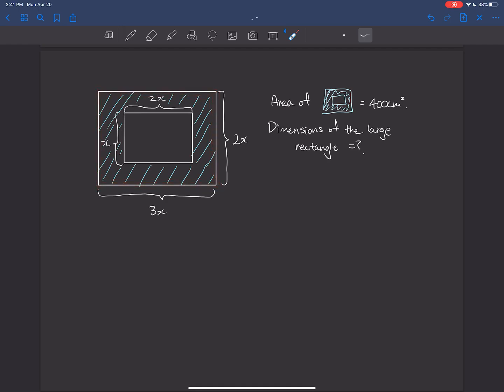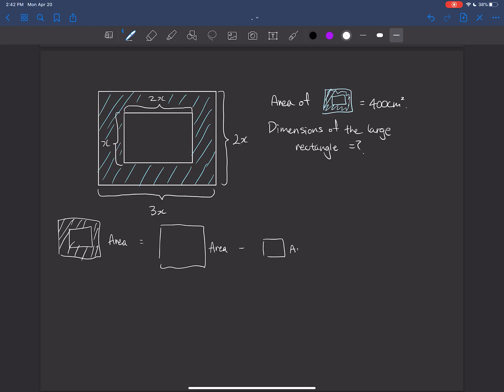Okay, so the area of the blue part would be the area of the larger rectangle minus the area of the smaller rectangle.